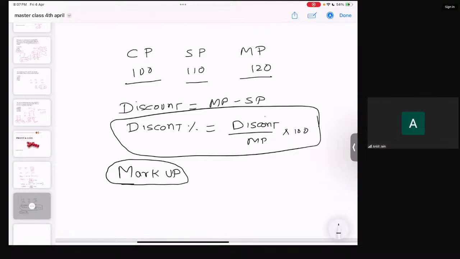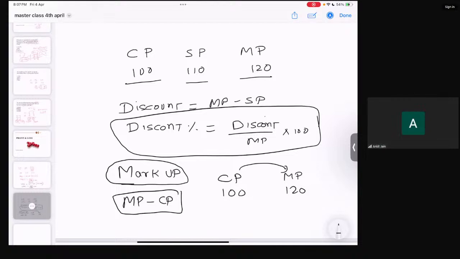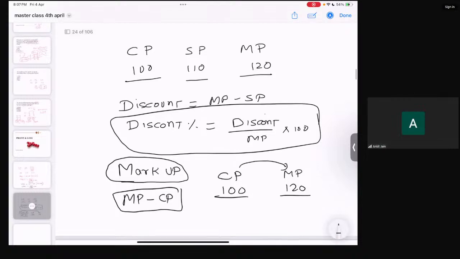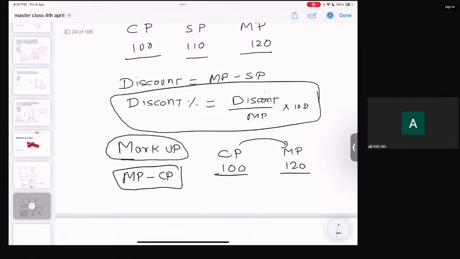Markup means, suppose a shopkeeper buys a product at 100 from the retailer and puts a tag of 120. This difference is called markup. The shopkeeper increased the price by 20 rupees. So markup is mark price minus cost price. Markup means increase in the price above cost price.